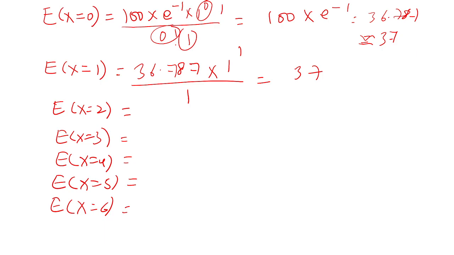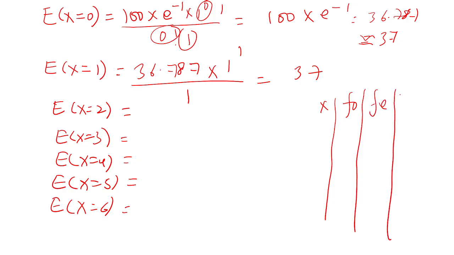Okay. Once you have done this, you can make a table with x, then FO, then we calculate the FE. Then you can calculate FO minus FE, then FO minus FE whole square.